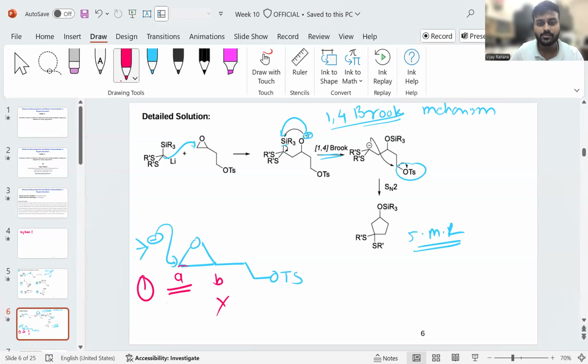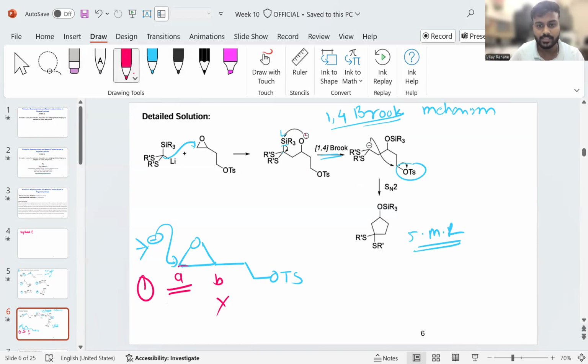The second point is, once this intermediate is formed, this negatively charged O attacks the silicon, not the other positions like this OTS. This can also be possible, but if you look at that attack, it would be a four-membered ring, so that's not possible.